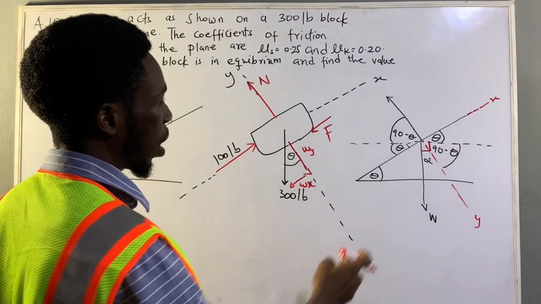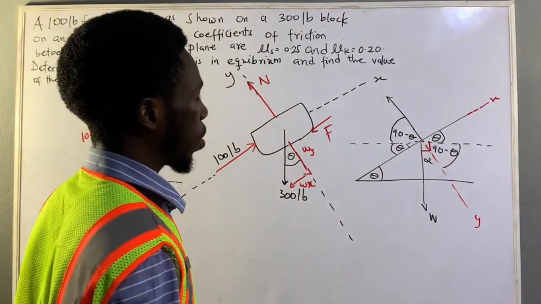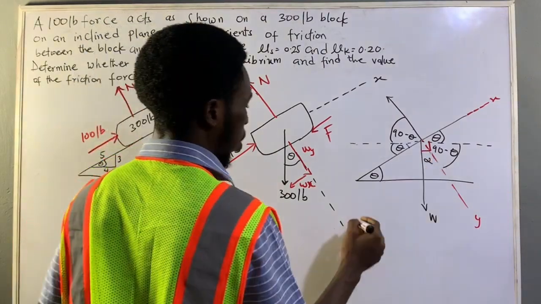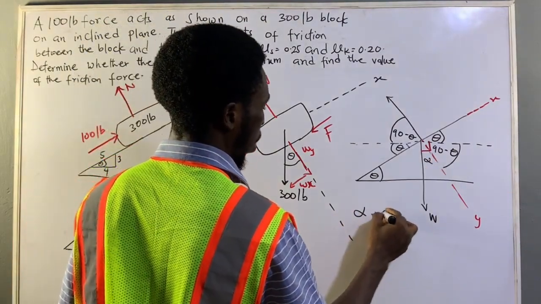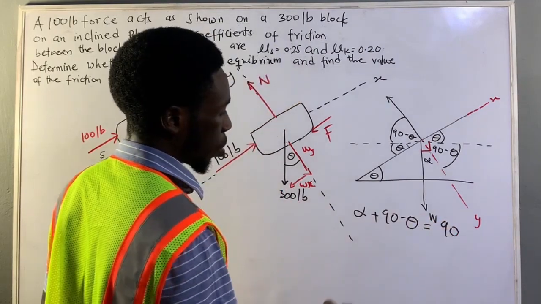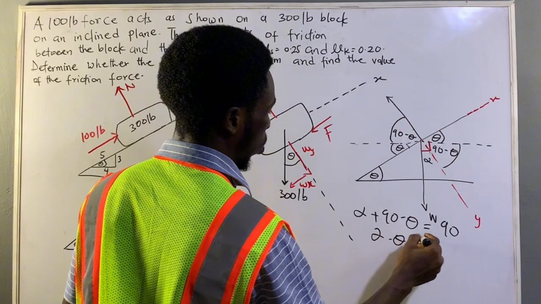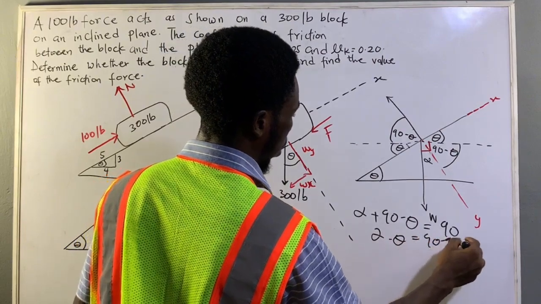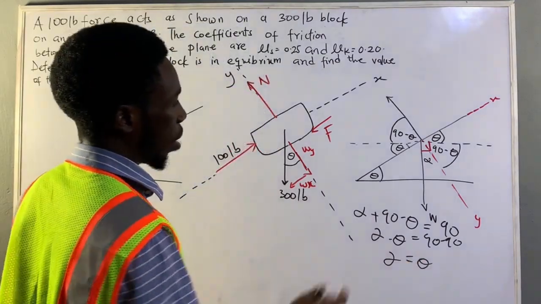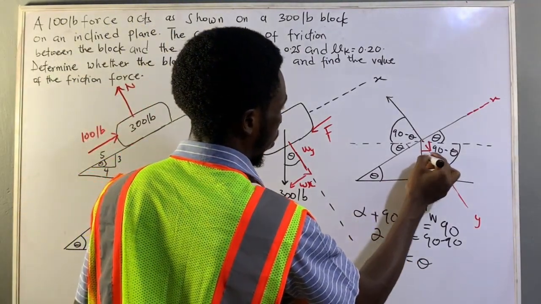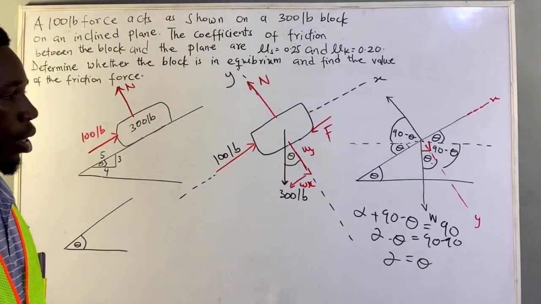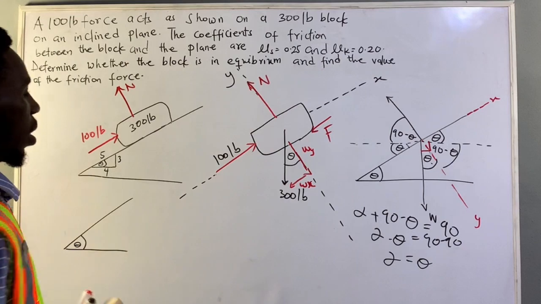So when you sum these two angles, we should get 90 degrees: alpha plus 90 minus theta equals 90. So alpha minus theta equals 90 minus 90, that is 0. So alpha is equal to theta, which means you can write theta here. That's how come we have theta here.